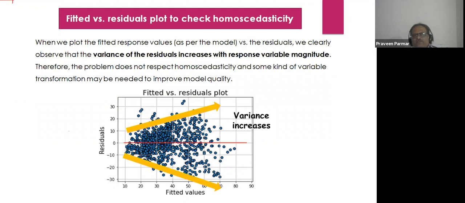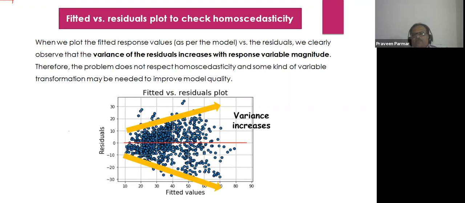Now, the fitted versus residual plots to check homoscedasticity. You see, this is very important. I have just shown practically how we check it. So when we plot the fitted response, we get four types of plot. I explained, or I just showed you those graphs. So now after understanding this, you could better understand those graphs.